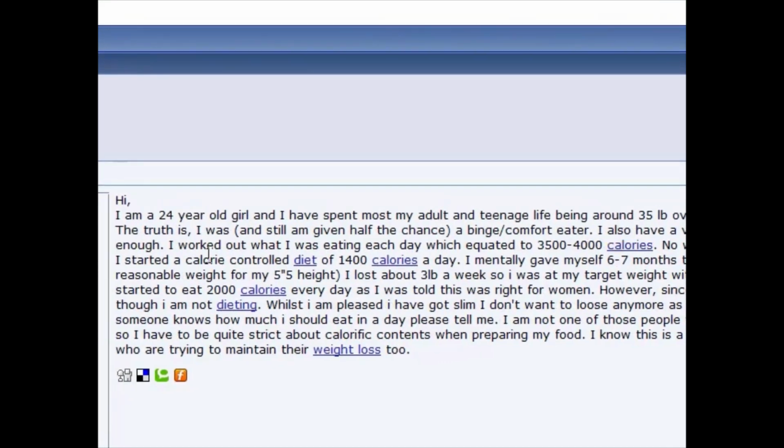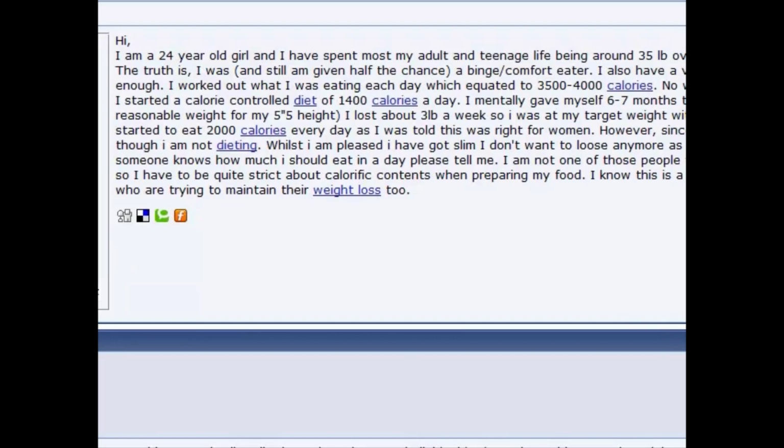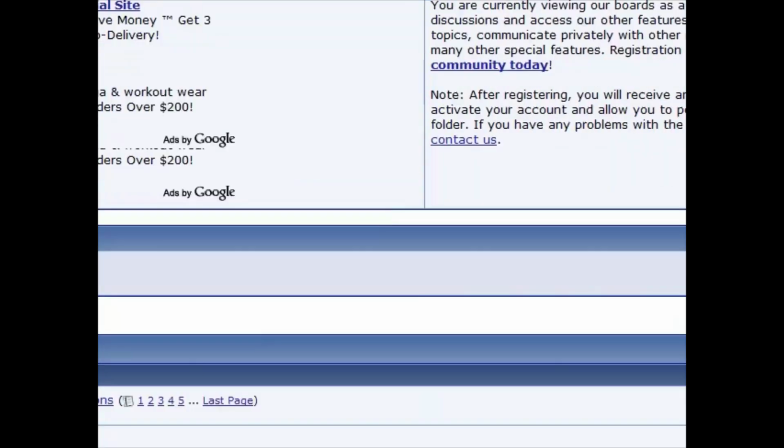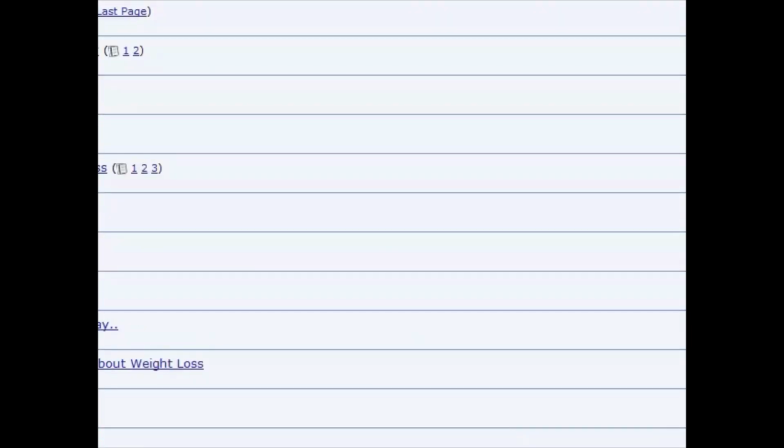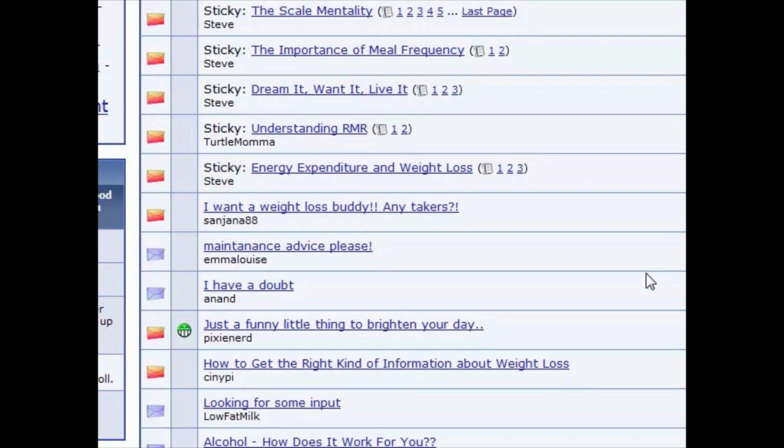About being 35 pounds overweight. The truth is, I'm a binge eater. Okay, so I'd make a diet. Well, maybe they're binge eaters. Basically, I'm looking. She doesn't have a whole lot of frustrating points. What I'm kind of looking for is frustration words, like I'm so frustrated, I'm at my wit's end, I'm tired.